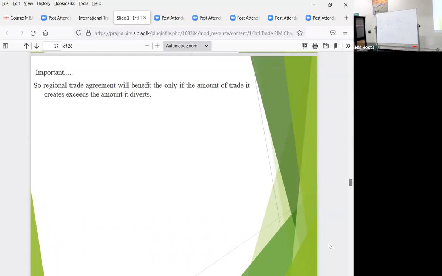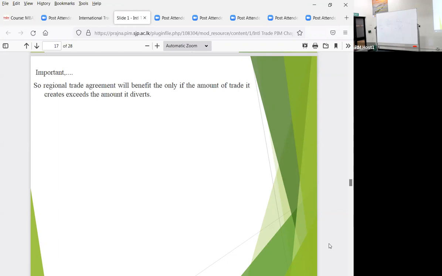So one of the questions may be, because as I told you, these are economic interests, political interests, and environmental interests. So these integrations are not purely economic. As I told you, when you move towards integration, your sovereignty is lost, and you don't have control over these things. So it is not only economic theory, but also political theory plus environmental theory, right?